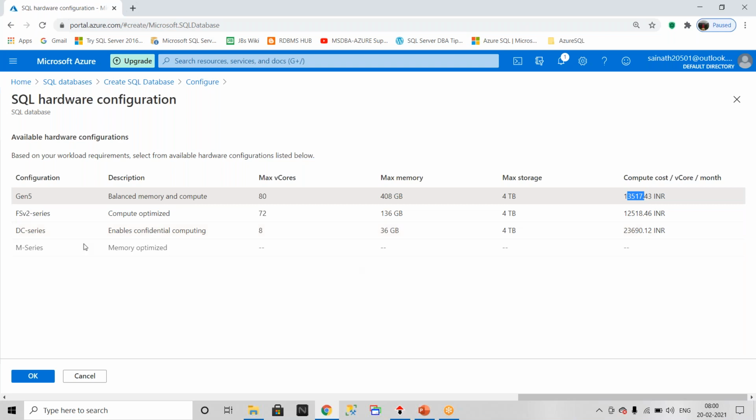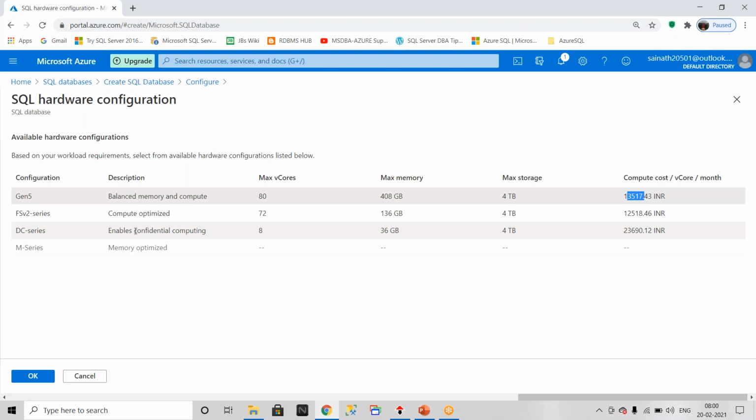See, enable the confidential compute. That is the DC series, recently added. Earlier we had only three series: Gen 5, FS V2 series, and M series. M series is nothing but memory optimized. It's still under preview, so in a couple of months you will get the M series as well.